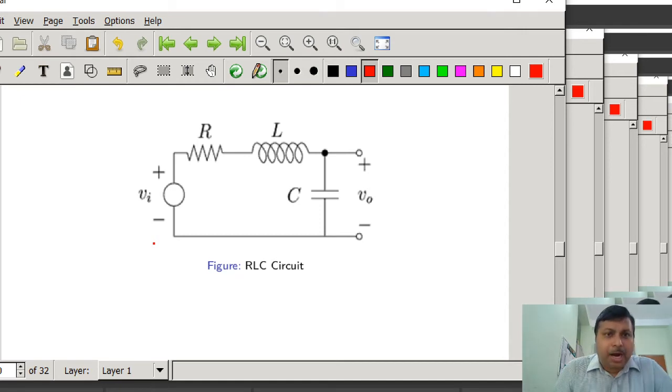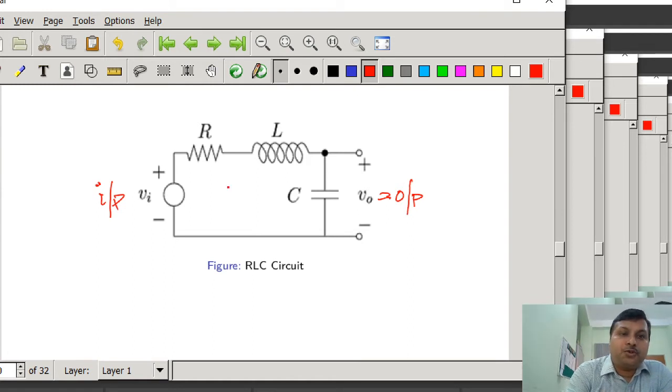Suppose R is the resistor, L is the inductor, and C is the capacitor. Vi(t) represents the input voltage to the system, and V0(t), the voltage across the capacitor, is the output of the system. It is a single-input single-output system, and we assume that current i(t) is flowing through the network.